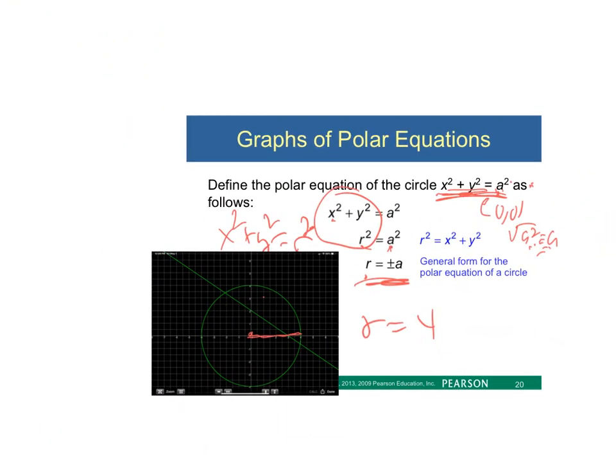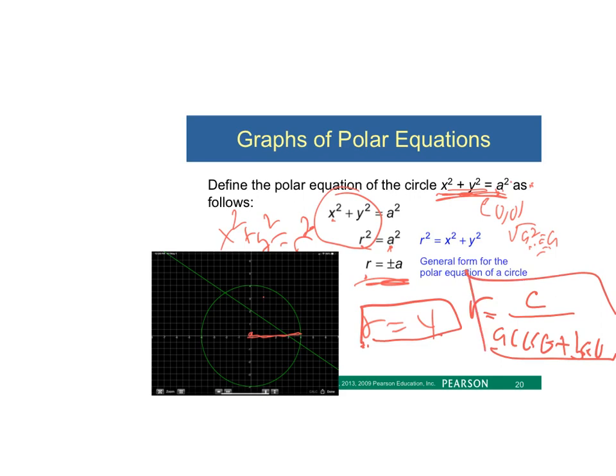Cool. I just typed in r equals 4 and it gave me the circle. So that's a polar graph. The other one we had was c over a cosine of theta plus b sine of theta, which is a line. Just hard to believe this. It's just a line. It looks more complicated in polar. It's not really.